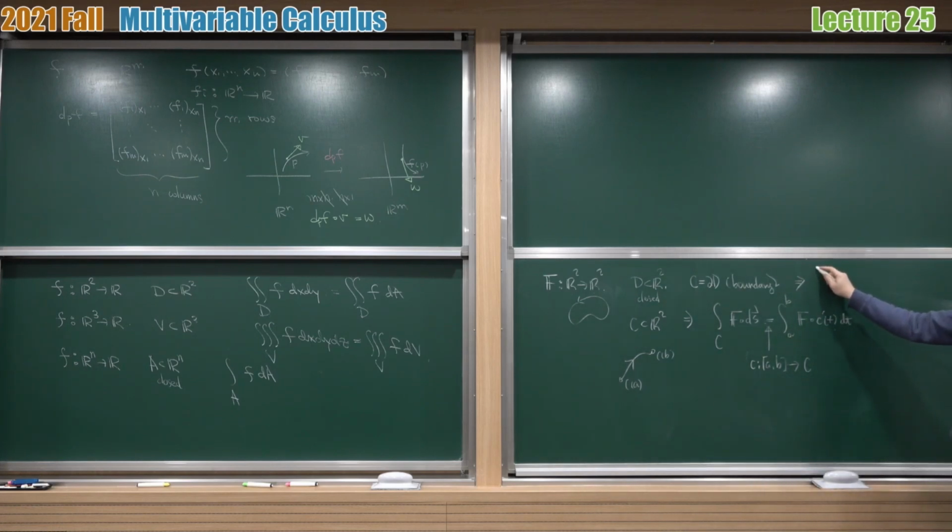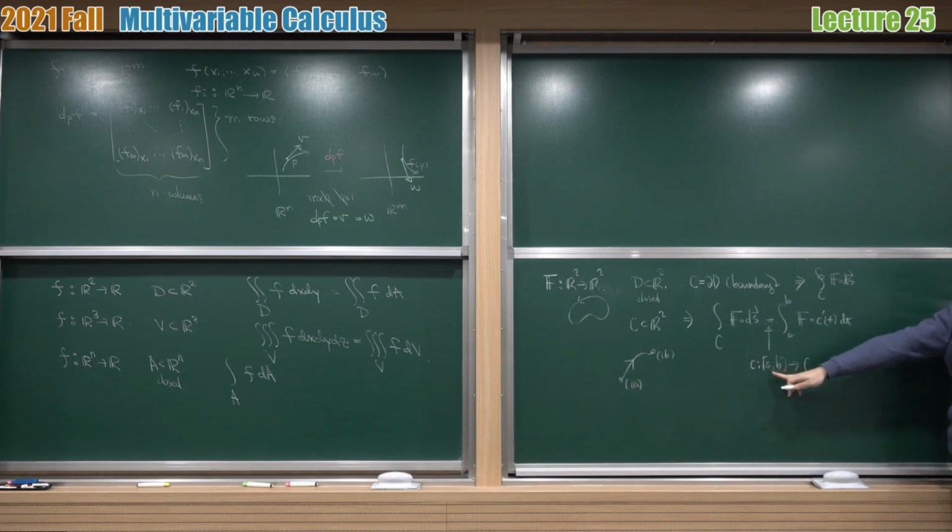And for that integration, we have a different notation, with a circle above the integral sign. The definition is the same. We simply parameterize our C, and then we just use this exact same formula.